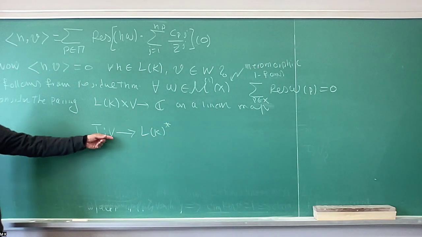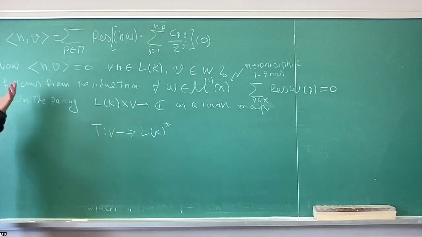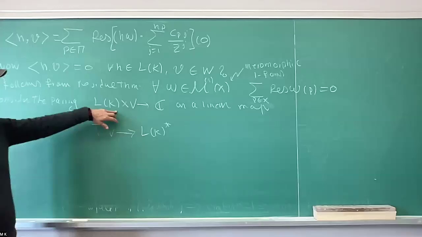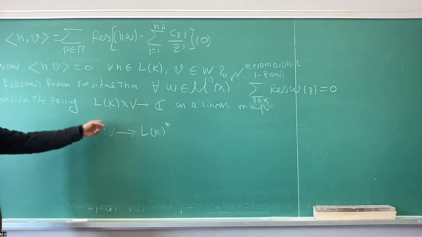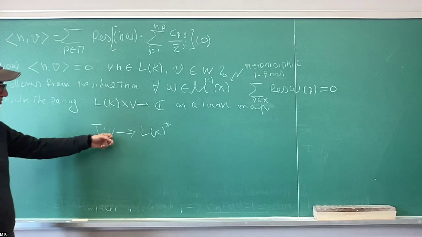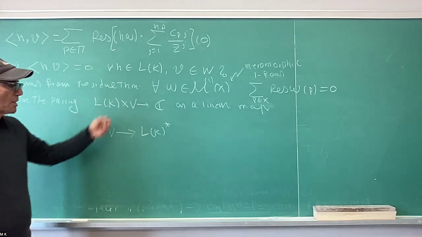You see, there you can use duality, right? If you have a bilinear pairing between two vector spaces, you can interpret it as saying at the same time that it defines a linear map from V to the dual of this one. So what is this map?